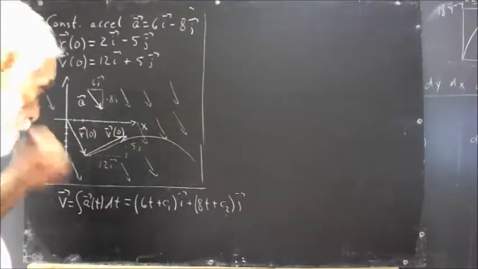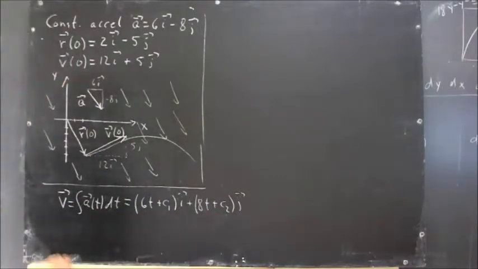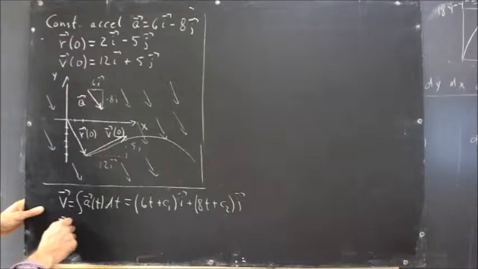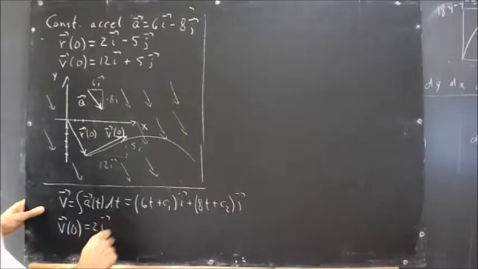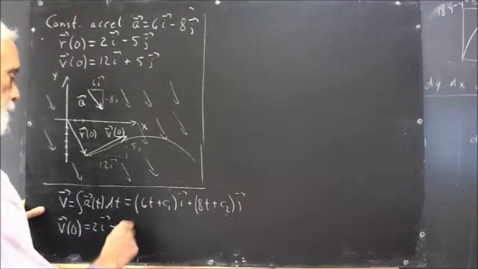Okay, so v is this, and what do we know about our velocity vector? We know that v of 0 is 12i plus 5j.